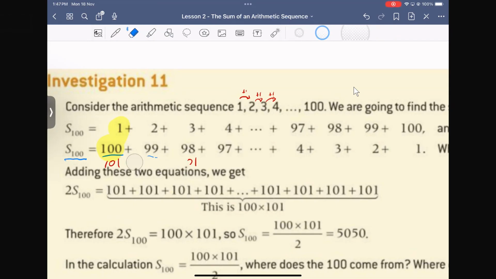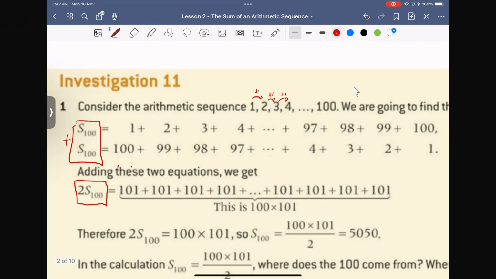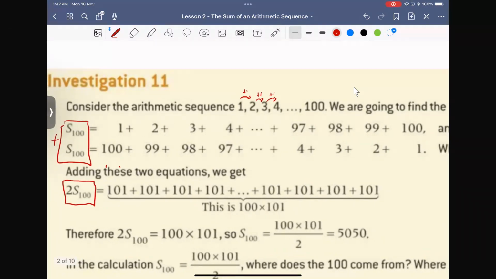If we take both of these two equations and add them together, we have the sum of 100 terms plus the sum of the 100 terms. So we get 2 lots of the sum of 100 terms. And then here we are going to get 101 plus 101 all the way to the end. There are going to be 100 lots of this.